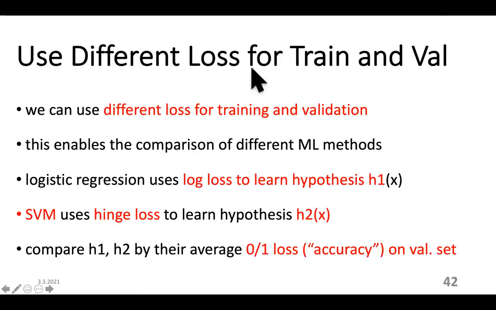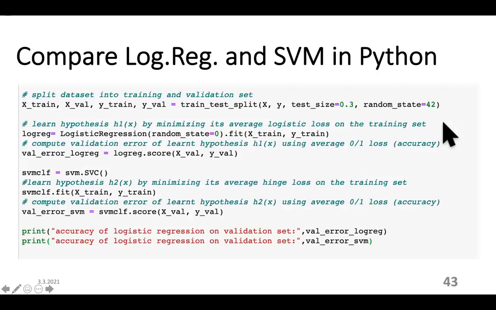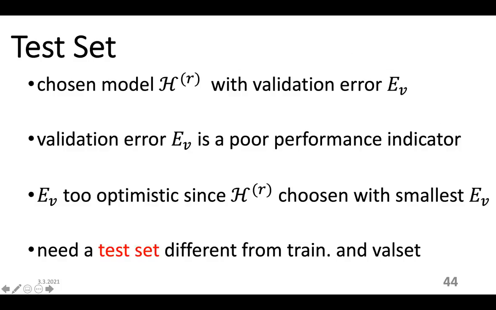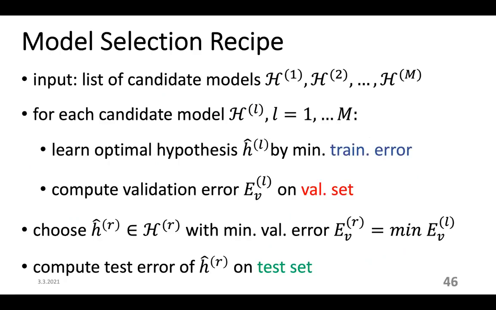Yes, so I will now continue with the last few slides and then take any final questions. So now we have discussed the test set and now the final model selection recipe or model selection algorithm that you should implement also in your projects. You start out with a list of candidate models, and this is something you can freely choose.